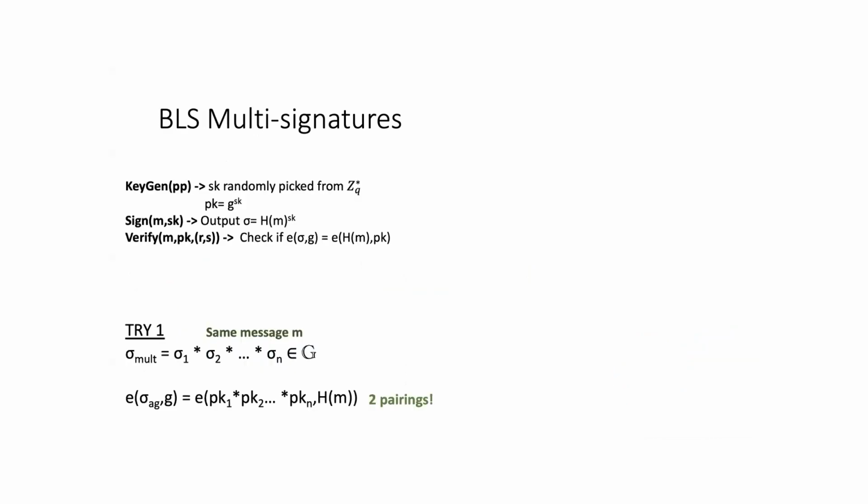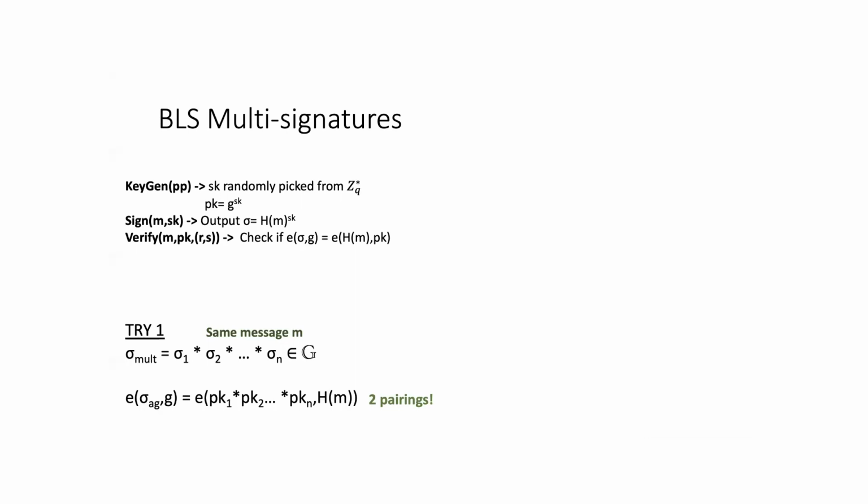So let's see how we can build BLS multi-signatures. Again, I'm just recalling how BLS works. I'm doing the same operation that I was doing before with aggregated signatures, but now keep in mind that all the signatures correspond to the same message.